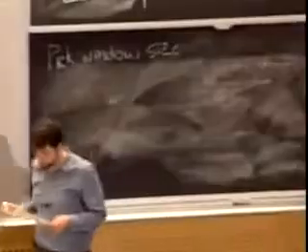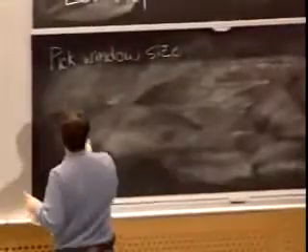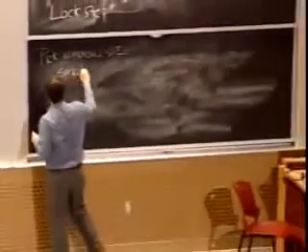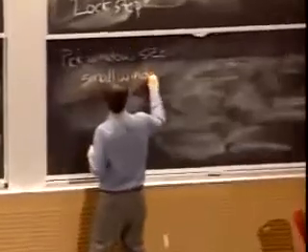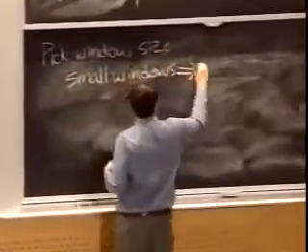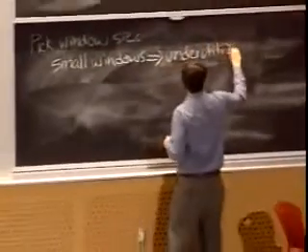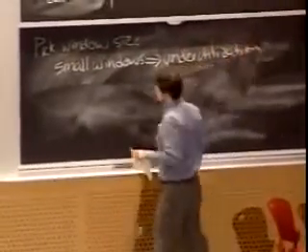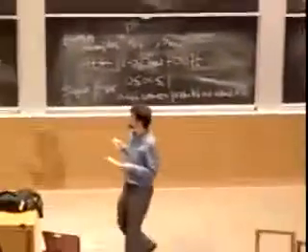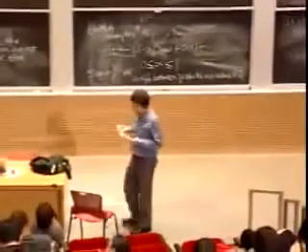The problem we have is that small windows imply underutilization of the network, because we have both the sender and receiver sitting, waiting. There are times when no data is being transferred across the network.